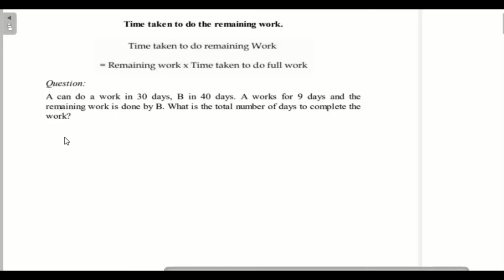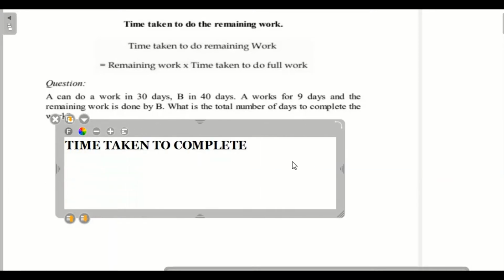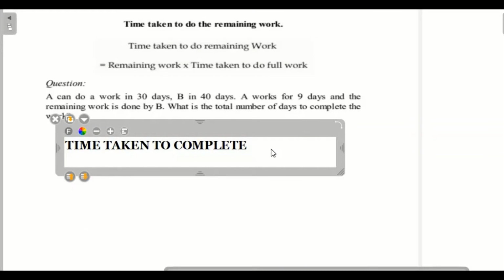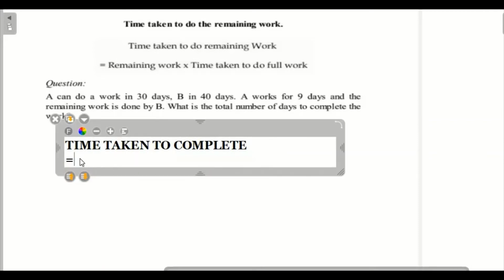So here we have to find the time taken to complete. So they have given remaining work into time to finish. We have to calculate the remaining work and time to finish the work.